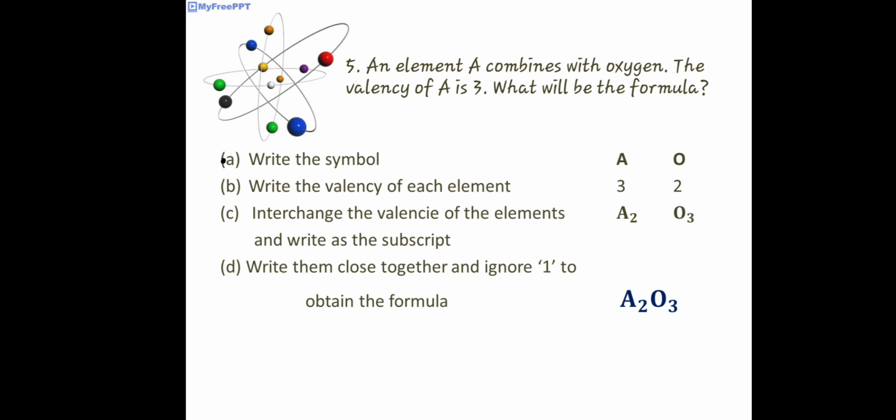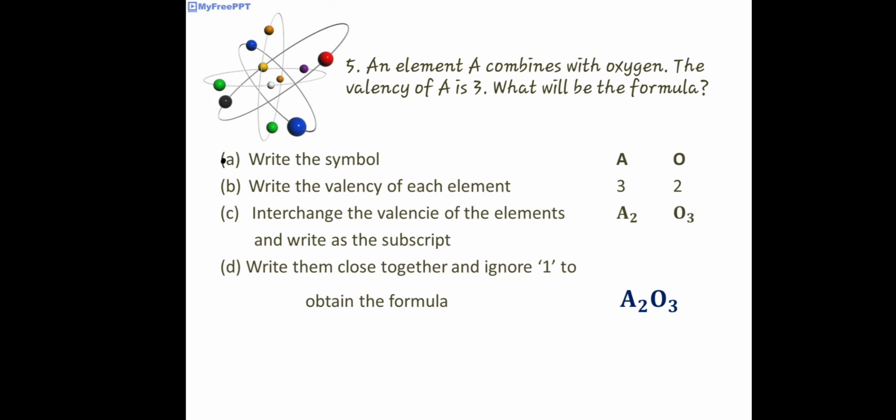In this question, the question already gave the subscript for the A element, di ba? Nabigay na. So A is 3, while the oxygen, of course, in the illustration, 2 siya.